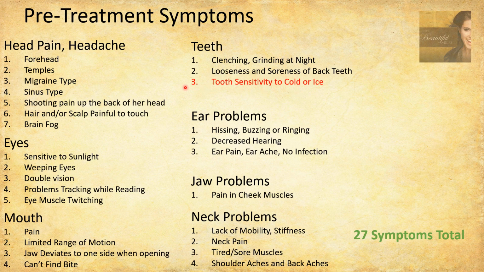Under the teeth section, we have sensitivity to cold or ice. This is a pathognomonic symptom for the fact that there is tooth-on-tooth friction going on in the mouth, and once you get rid of that, this gets better, or it may go away completely.